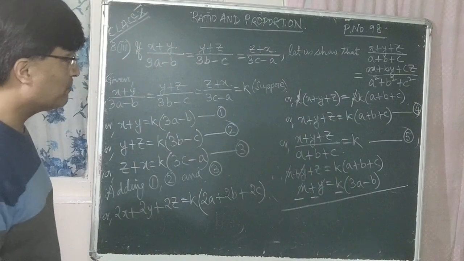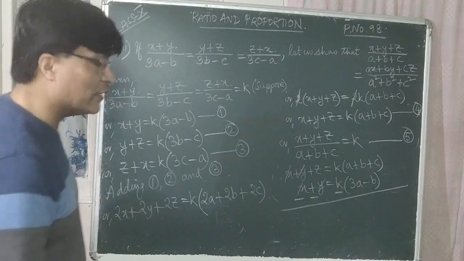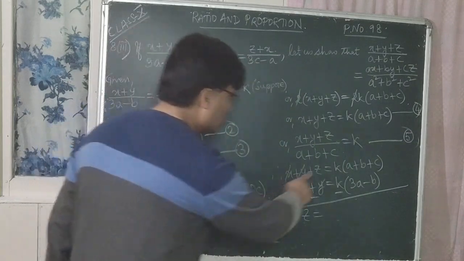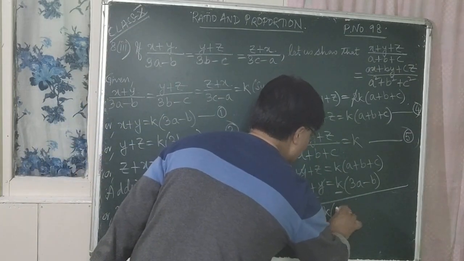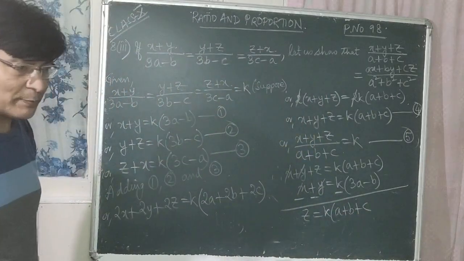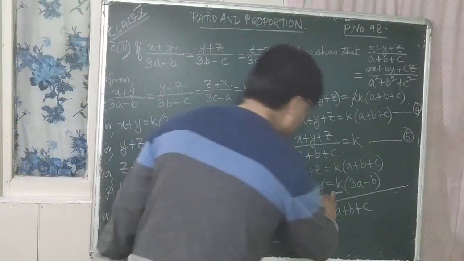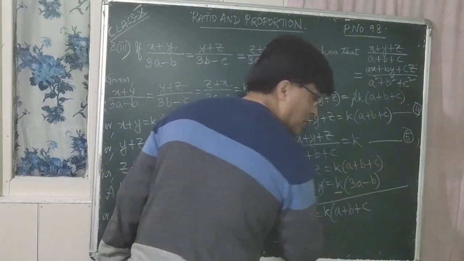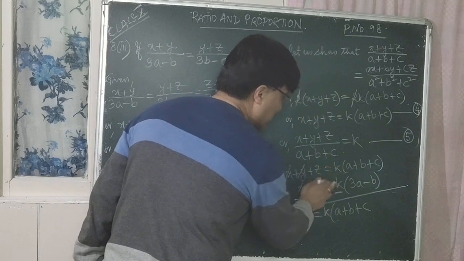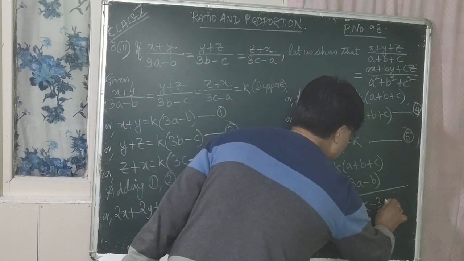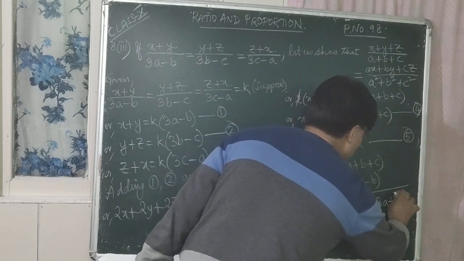So what do we get? In this case we get the value for z. So z is equal to, what is common here? K within bracket a plus b plus c, that is the numerator part. K is taken common out here. Then the second term of the right hand side is minus 3a and minus minus plus b.